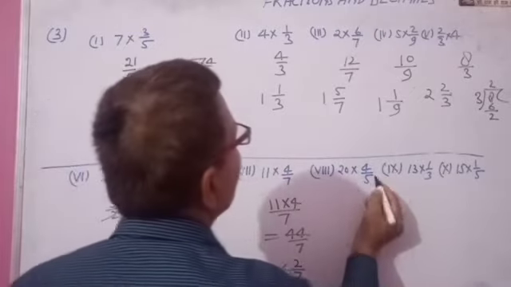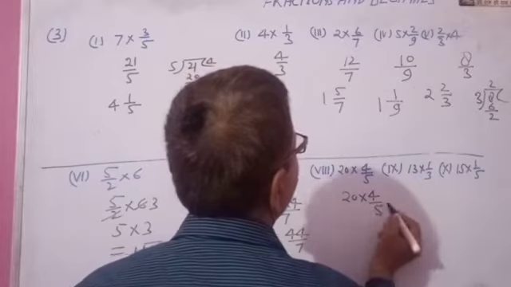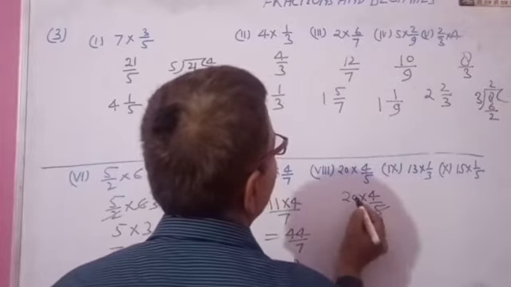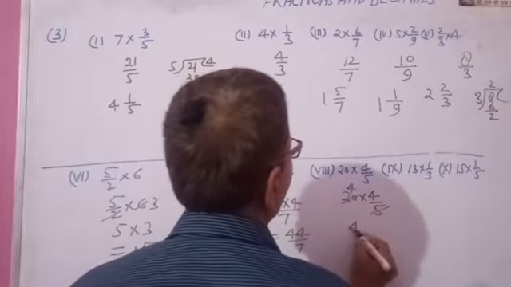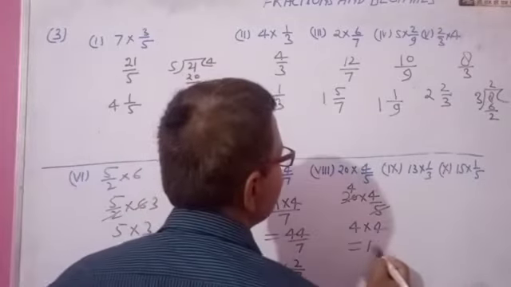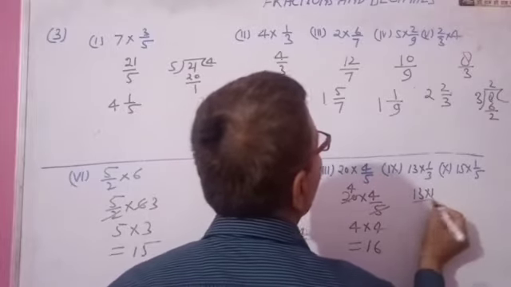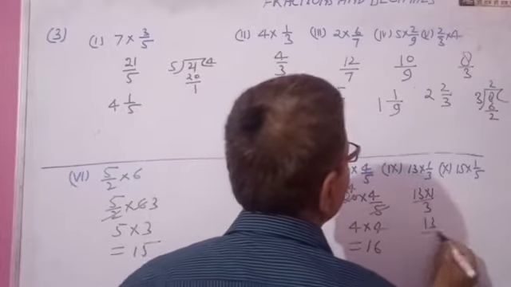And now 20 multiplied by 4 upon 5. You can reduce this: 5 4s are 20, 4 multiplied by 4 that is 16. This is 13 multiplied by 1 upon 3, 13 upon 3.